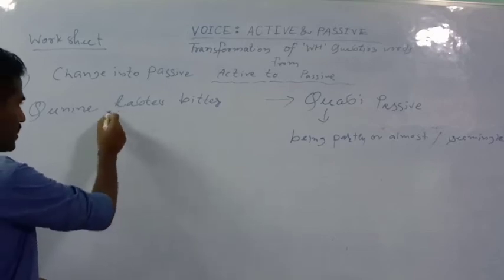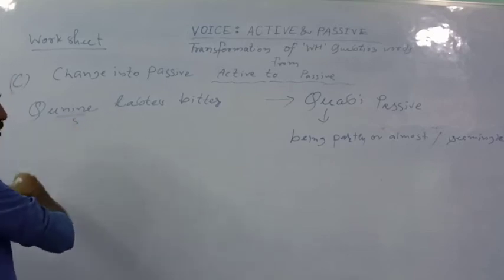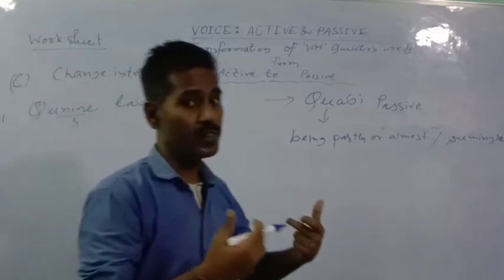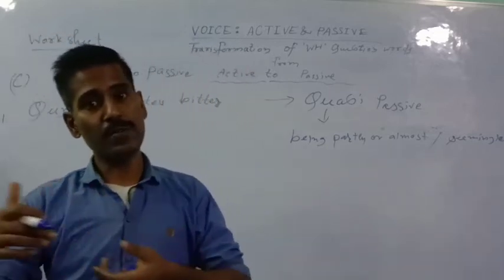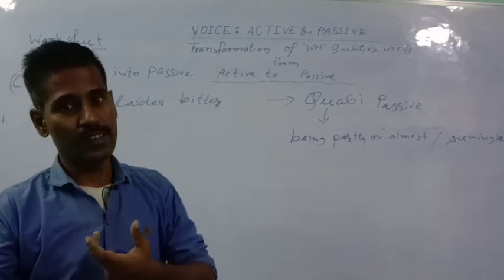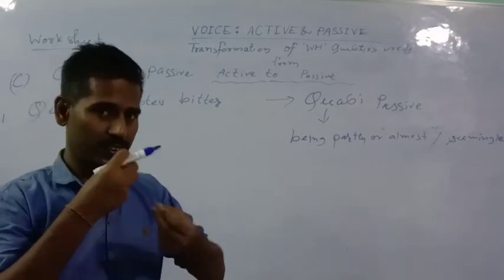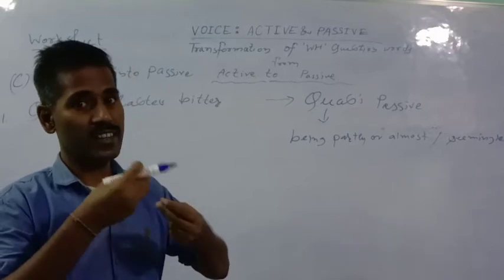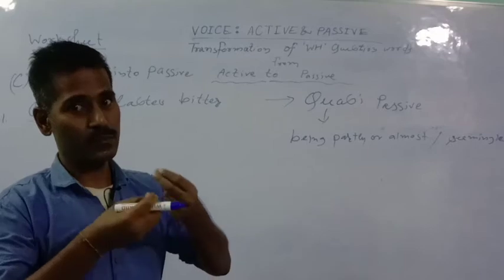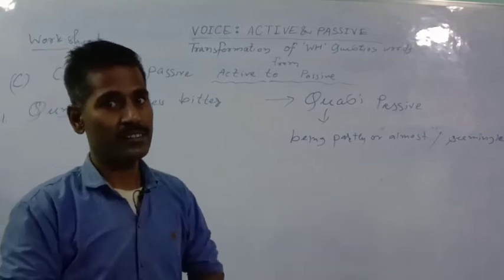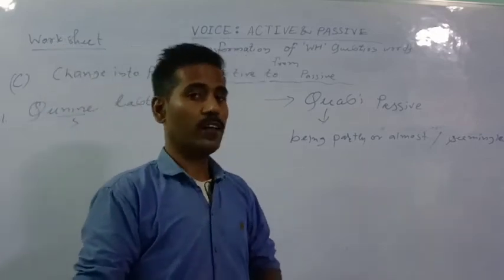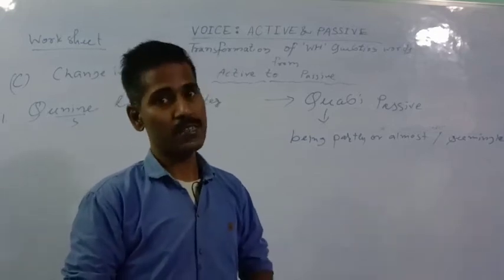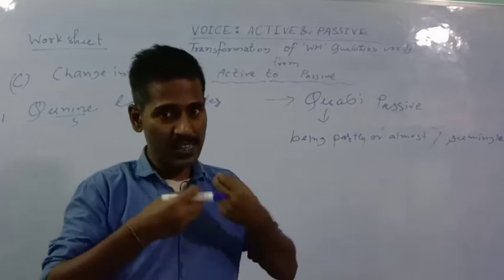The action is done by some other person. Someone has tasted the quinine, and after tasting, he has realized that the taste of quinine is bitter. So from the sense it is not active, it is passive, because quinine cannot taste itself.